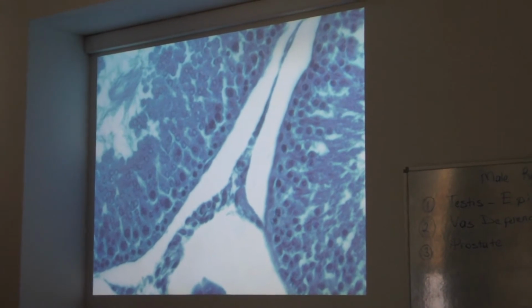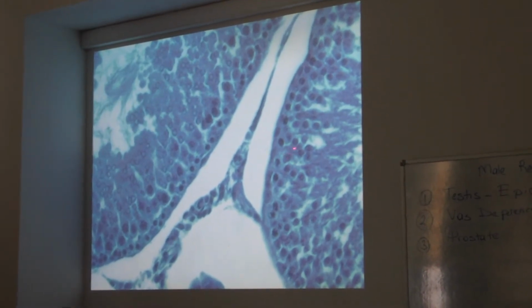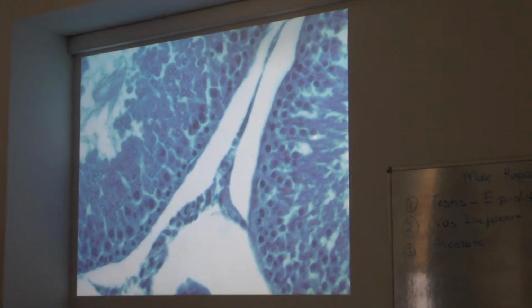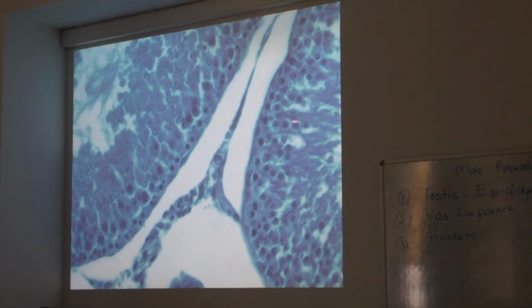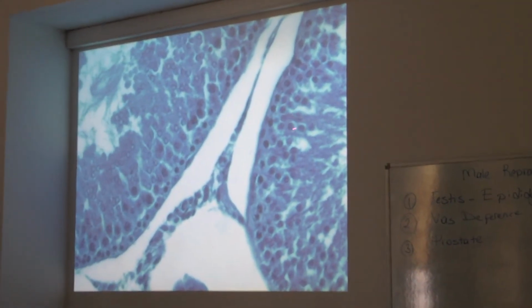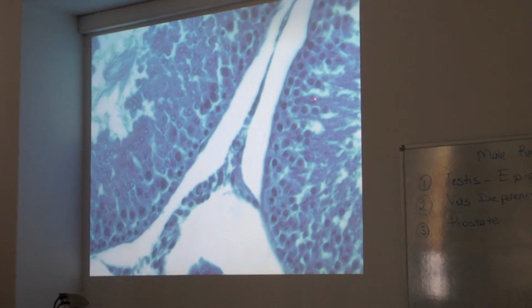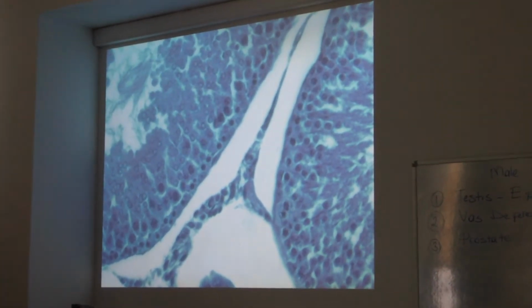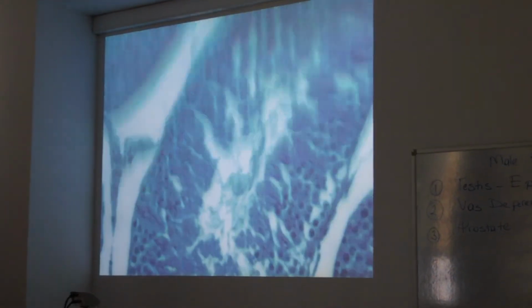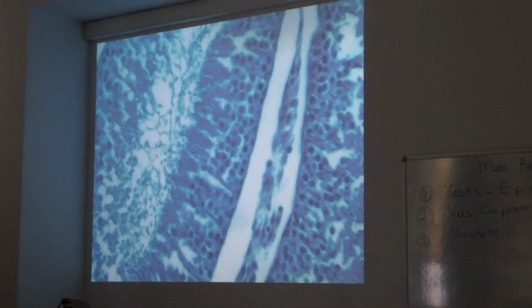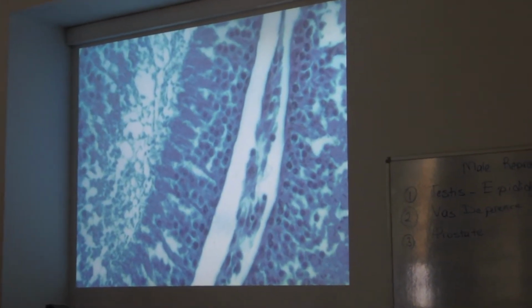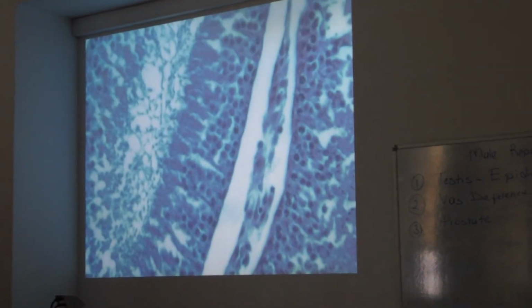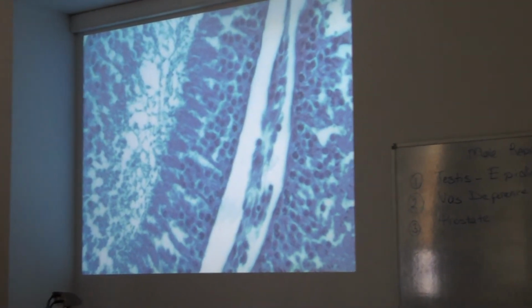And in this tubule, with round spermatids, I can also see the elongated spermatids, where their heads are embedded between the cytoplasm of Sertoli cells, and their tail is extending to the lumen. And between the tubules there is the interstitial area.